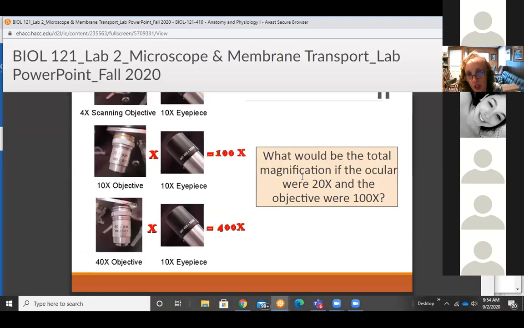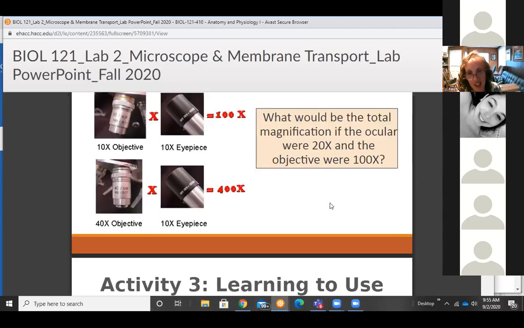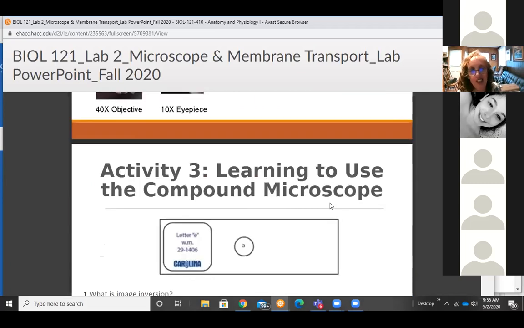What would be the total magnification if the ocular lens were 20x and the objective lens was 100x? 200x? Would it be 200x or would it be a little higher than that? No, 2000. Correct. Yeah, forgot a zero. Well, that works.